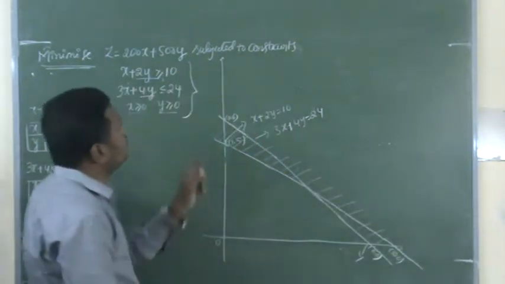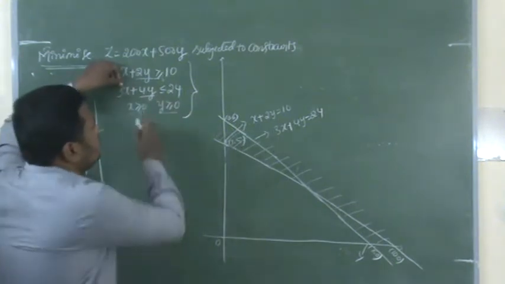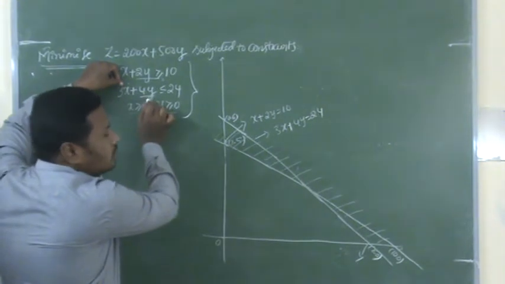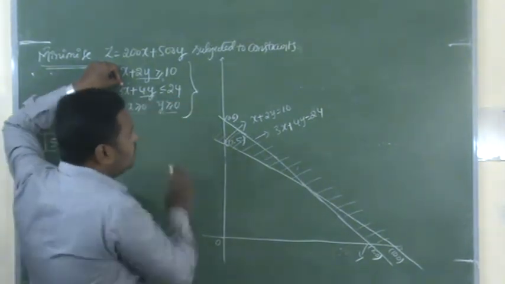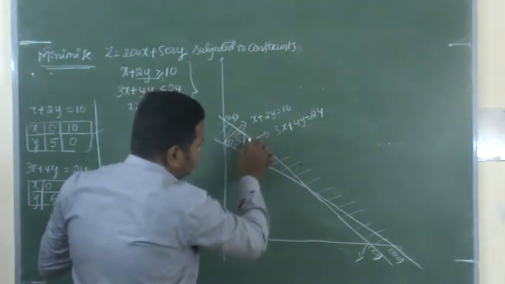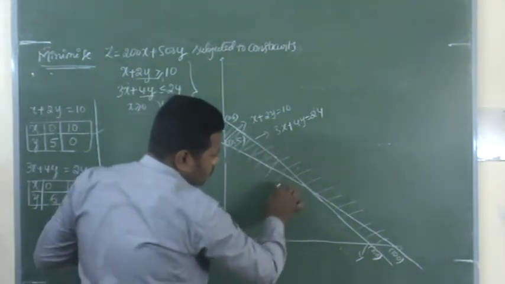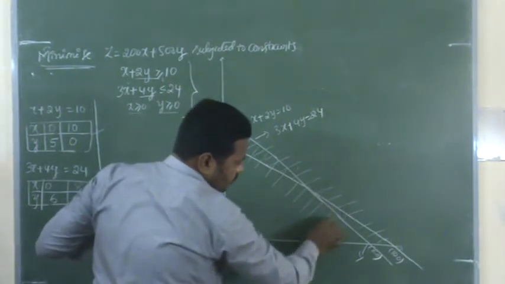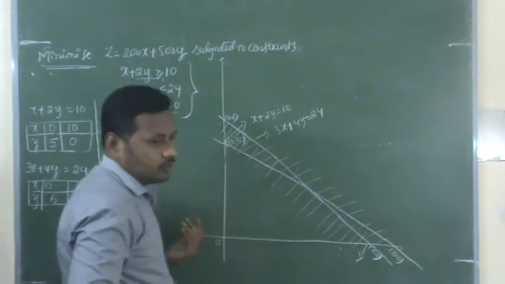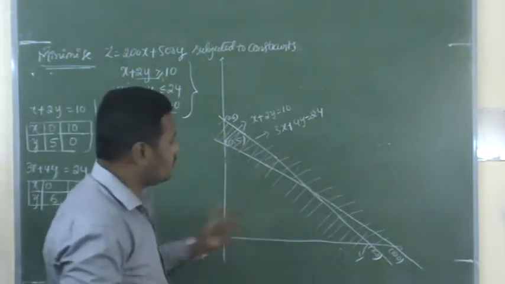Now for the second inequality, we put 0 here and we get true. The second inequality is true. True means towards the origin.